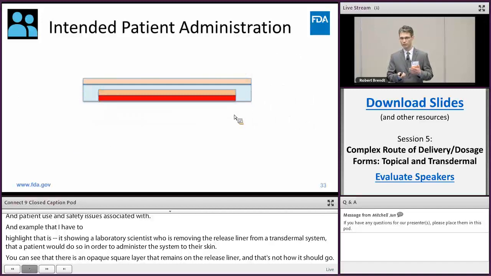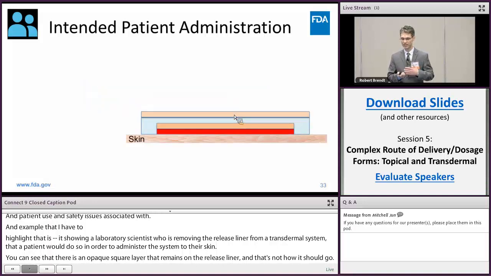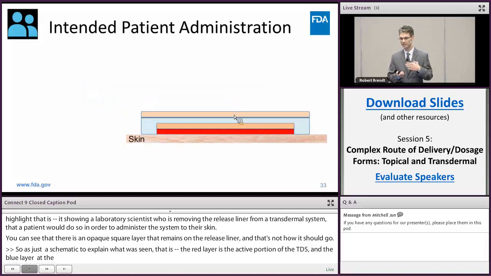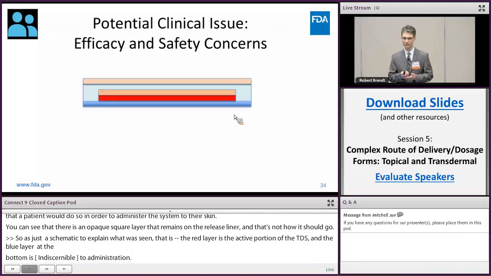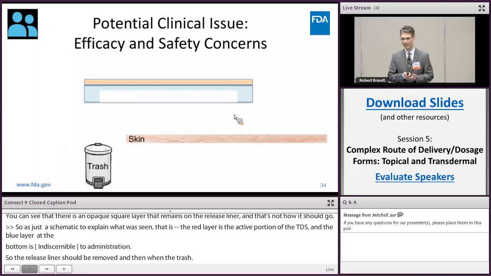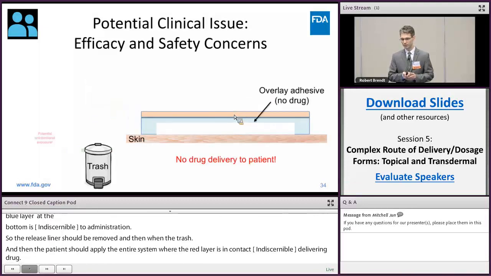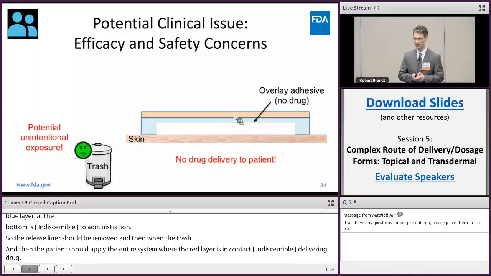So the release liner should be removed and thrown away in the trash, and then the patient should apply the entire system where the red layer is in contact with the skin delivering drug. But what was happening in the video is that the whole active part of the system was being thrown away. And so there would be no therapeutic benefit to the patient, and then also a safety issue associated with potentially improper disposal of the drug.